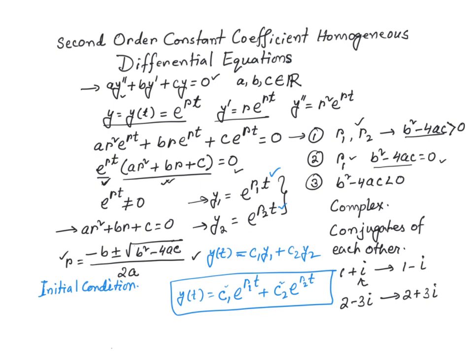Remember, we have a family of solutions here, but initial conditions define the particular solution that we are looking at. This is how you'd solve a second order constant coefficient homogeneous differential equation which has this structure.